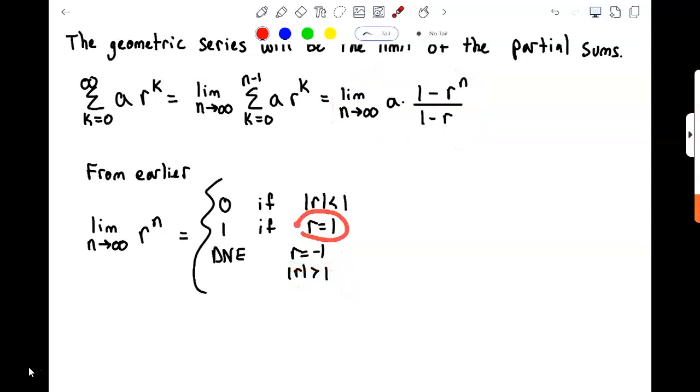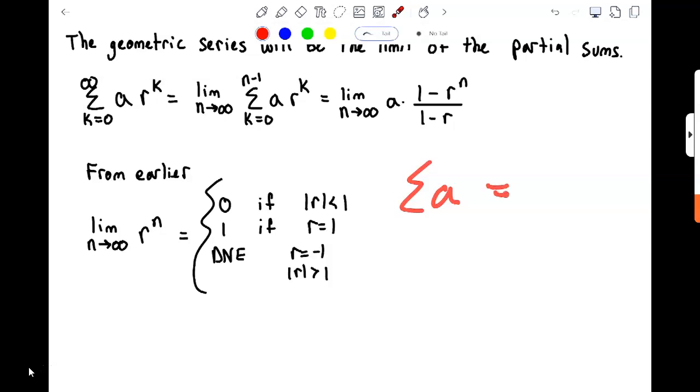If r equals 1, then this would be 1 minus 1 over 1 minus 1, which is a 0 over 0 limit. It's indeterminate, but it's actually going to go to infinity in this particular example. Why is that? Because if r is equal to 1, then the sum of a r to the k would just be the sum of the a's as you go to infinity.